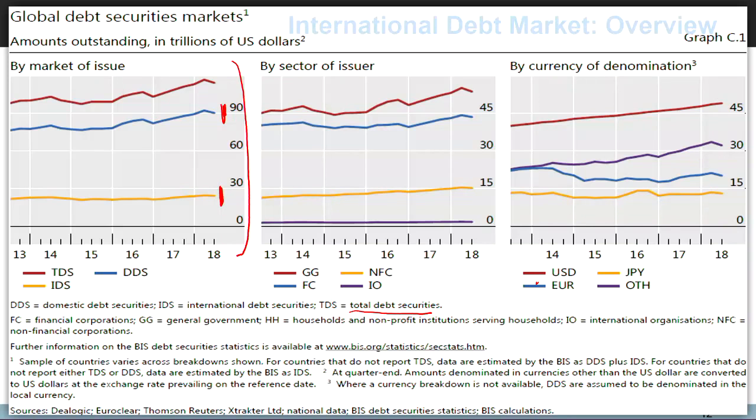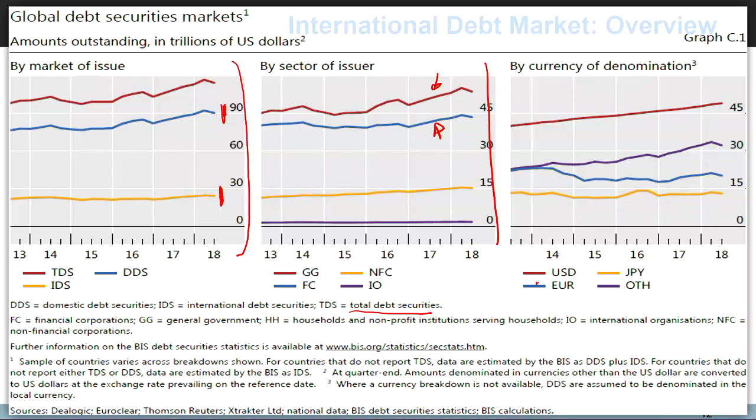And if we're looking at different sectors, then who are the issuers of these bonds? The red line is general government, so governments issue the most debt. And then the blue line, the next one is financial corporations.